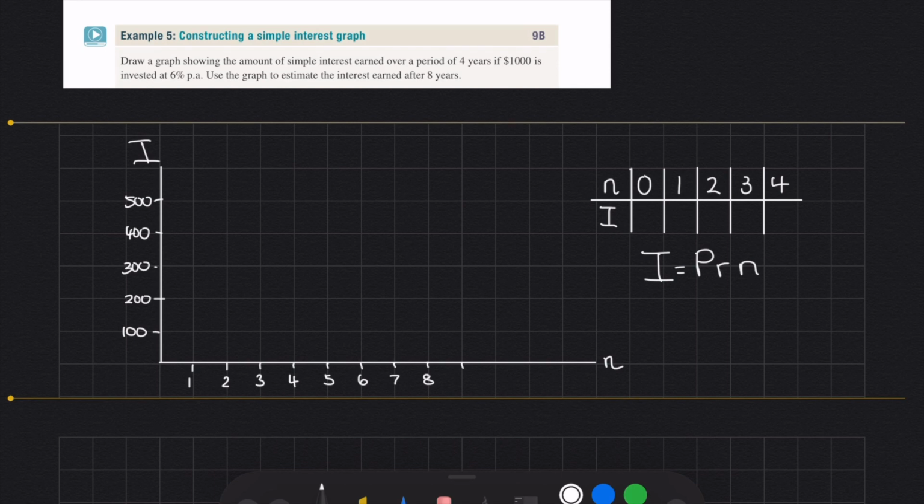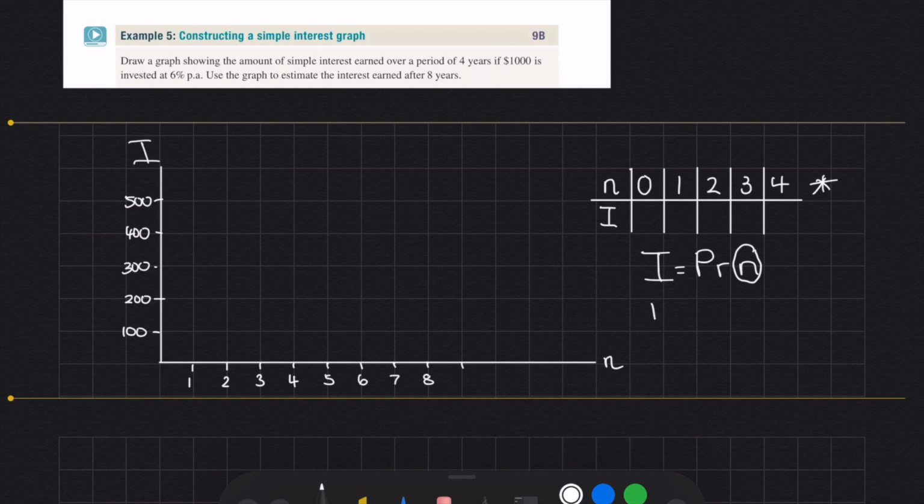We know that these values here are our N values. That N value is going to change every time we put it in, but we can keep this P and this R constant.